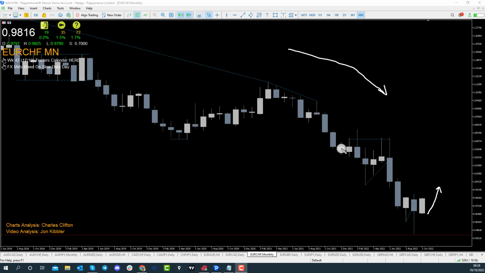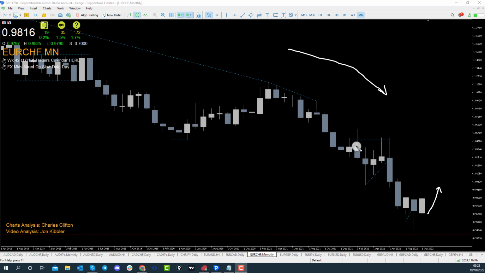We can see that the euro has actually been weakening against the Swiss franc for some time now. That was all down to the Swiss National Bank acting aggressively before the ECB did with their interest rates, and that gave a lot of strength to the Swiss franc, and euro Swiss continued lower.